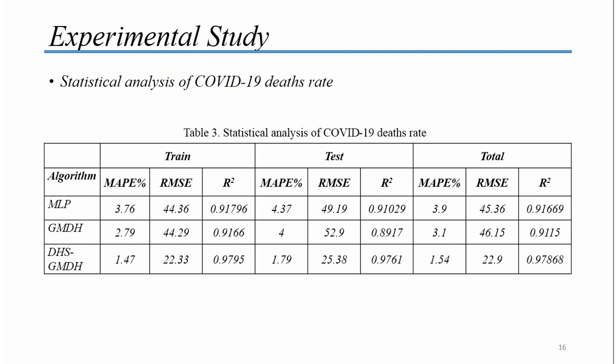The DMHS-GMDH algorithm provides the lowest values of MAPE, RMSE, and the highest value of R2 for the train data. Furthermore, according to the results for the test data, the best performance is achieved by the DMHS-GMDH model.